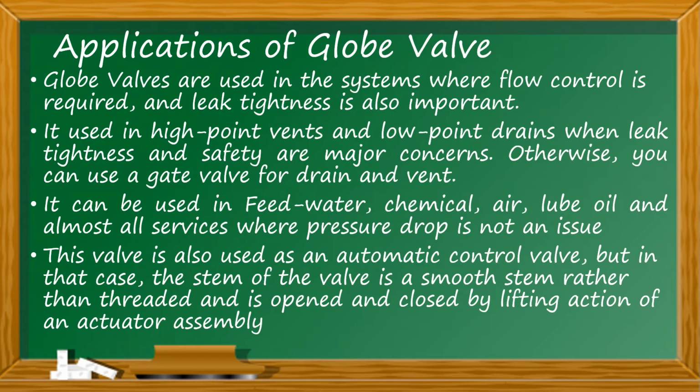It is also used in feed water, chemical, air, lube oil, and any service or application where there is no pressure drop concern at all. This valve is also used in automatic control valves, but in that case the stem of the valve is a smooth stem rather than threaded, and it is opened and closed by the lifting action of the actuator assembly.